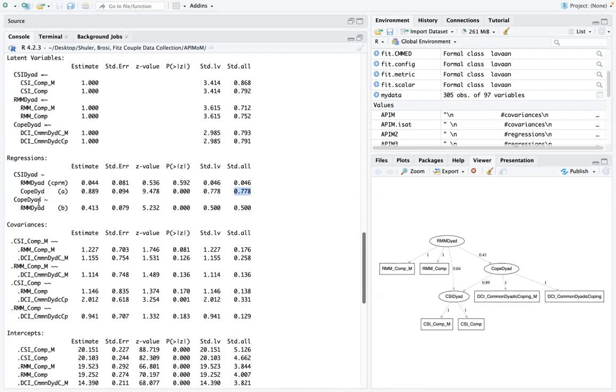So here's our direct path. This is relationship mindfulness to dyadic coping. Here is going to be dyadic coping to relationship quality, and here is going to be dyadic coping on relationship mindfulness.